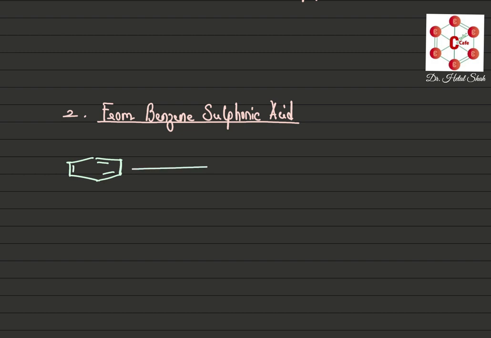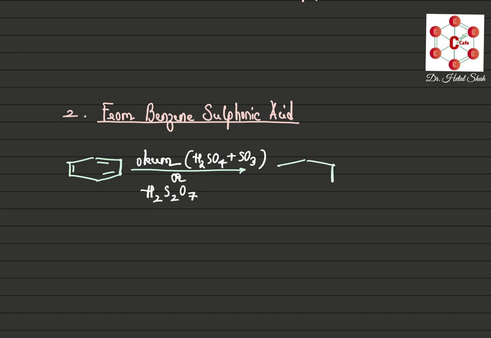And we can take oleum. Oleum is nothing but H2SO4 plus SO3. Or we can put it as H2S2O7, oleum. And this would give you an electrophilic substitution reaction where one of the hydrogens will get replaced by SO3H.